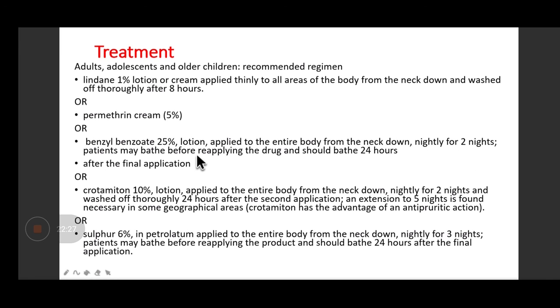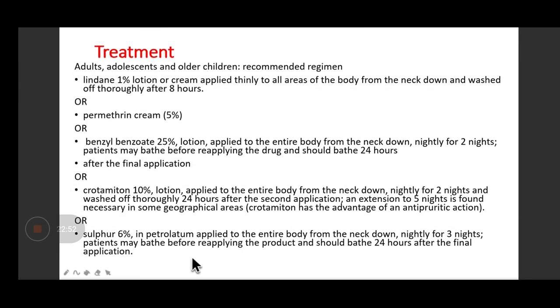Then the patient will bathe before reapplying the drug, and should bathe 24 hours after the final application. Or we can use Crotamiton 10% lotion. Any medicine you're using has to be applied from the neck down, and you need to keep it for some time for the drug to act. Similarly, we can use sulfur 6%.